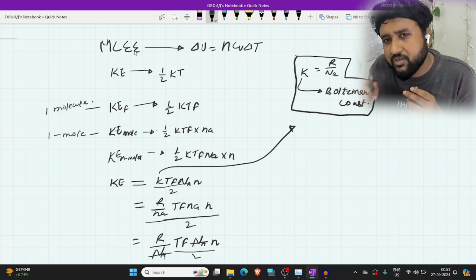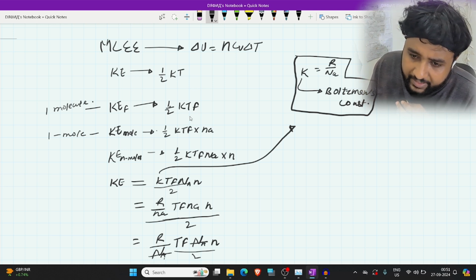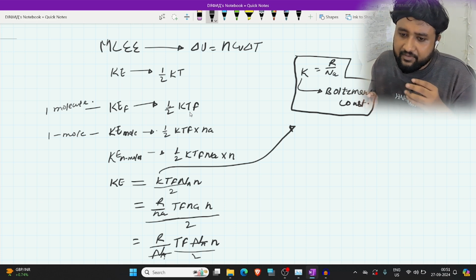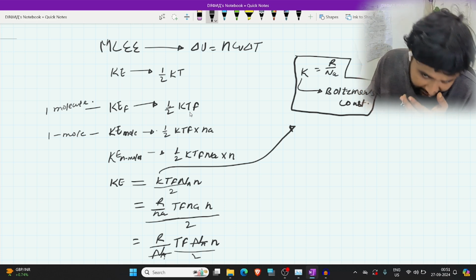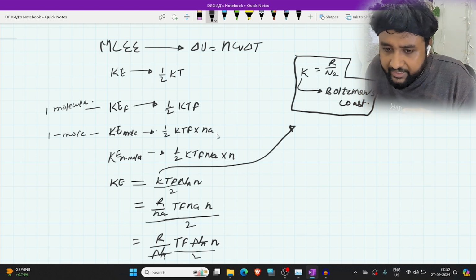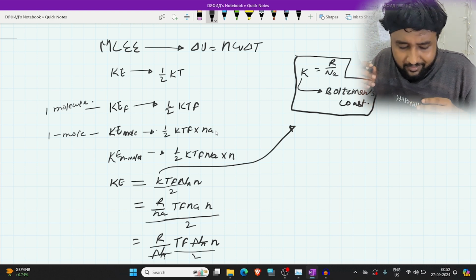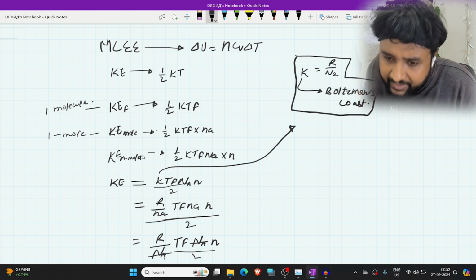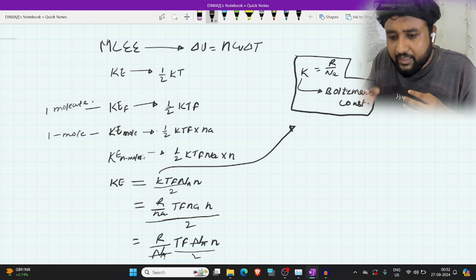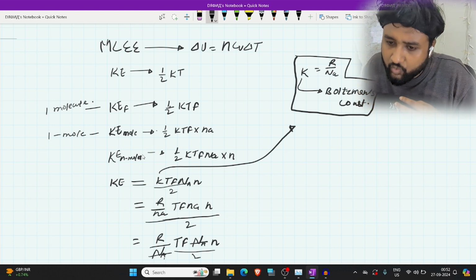Since kinetic energy of 1 degree of freedom is half kT, for f degrees of freedom the kinetic energy will become half kT into f simply. And now for 1 mole of molecules, it will become half kTf into Na. But since we will not study only 1 mole, let's assume the number of moles to be n moles, right? So for n moles, it becomes half kTf Na into n.